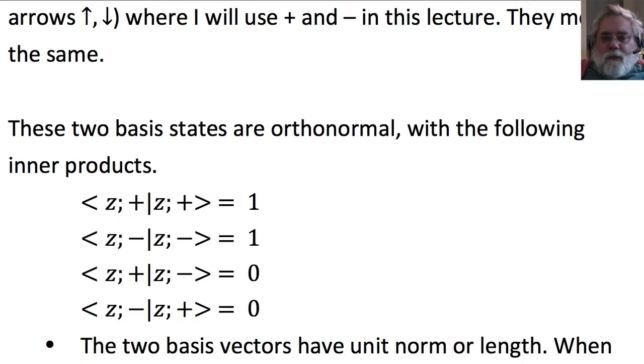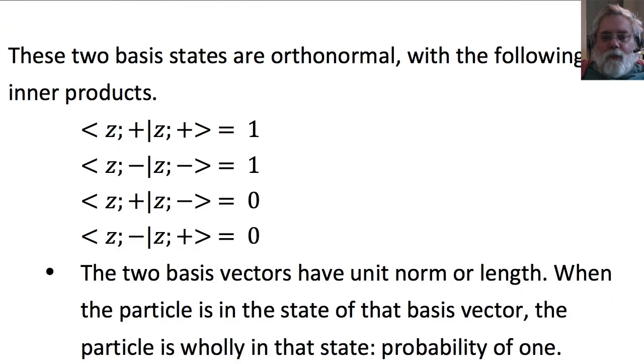These two basis states are orthonormal with the following inner products. The inner product of Z plus with itself is 1, the inner product of Z minus with itself is 1, the inner product of Z plus with Z minus is 0. They are orthonormal. The two basis vectors have unit norm or length.